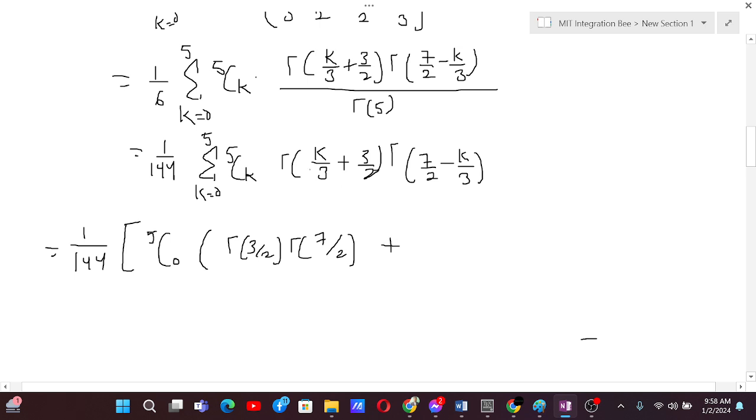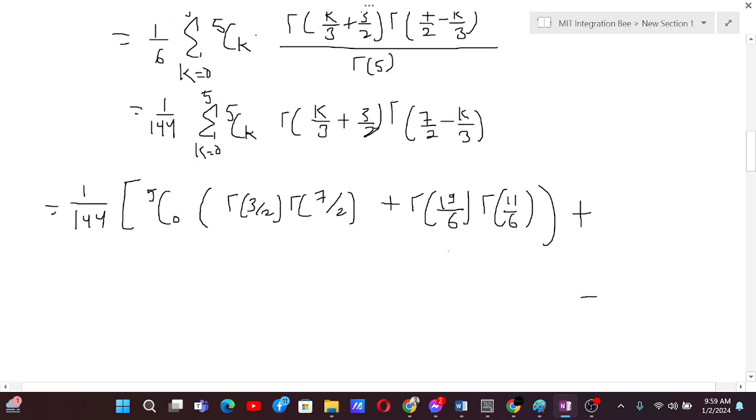Now when k is 5, we will have gamma of 19 by 6, and then gamma of 21 minus 10, that is 11 by 6. Plus, now we will have 5c1.